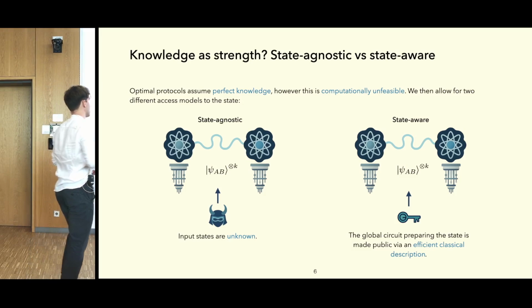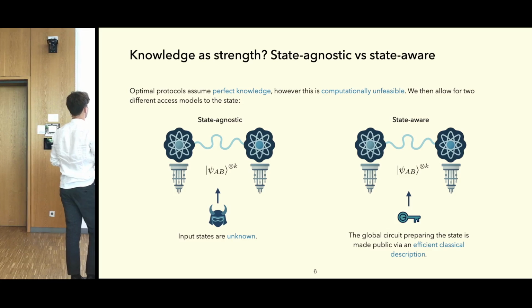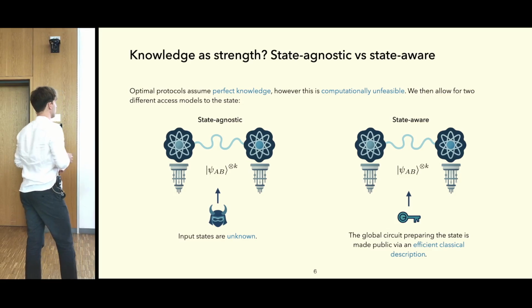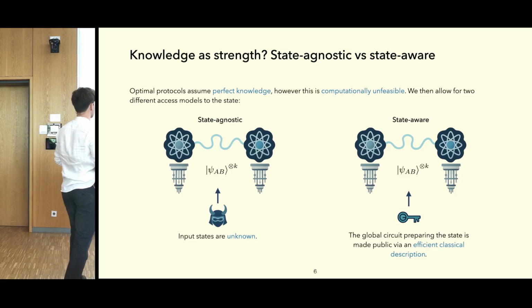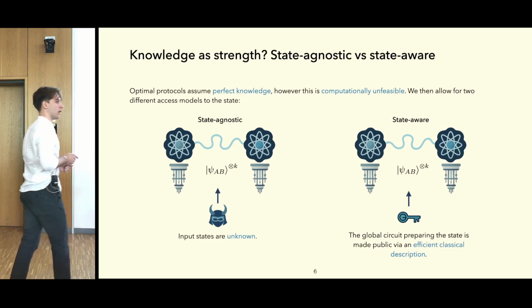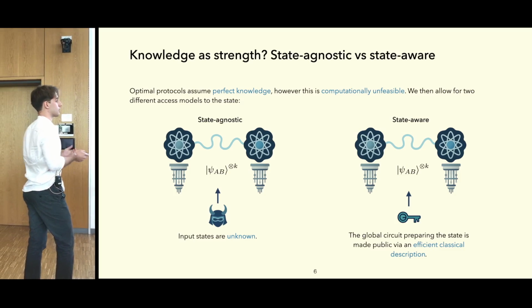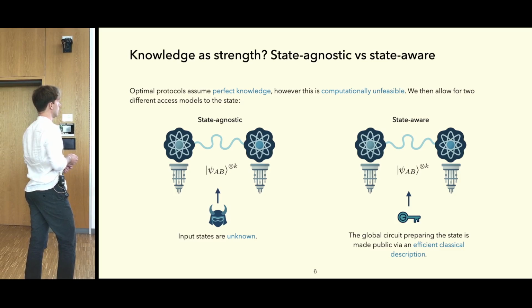Therefore, it makes sense to consider two different scenarios. We have the state-agnostic case, in which the two parties have access to poly many copies of some unknown input state, and for example, they want to distill entanglement from it.